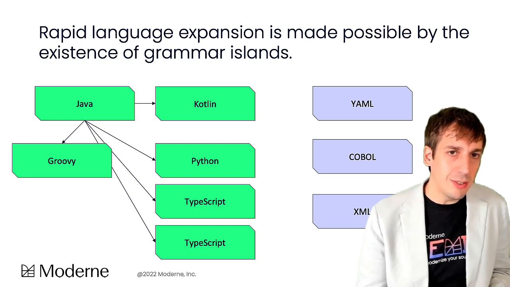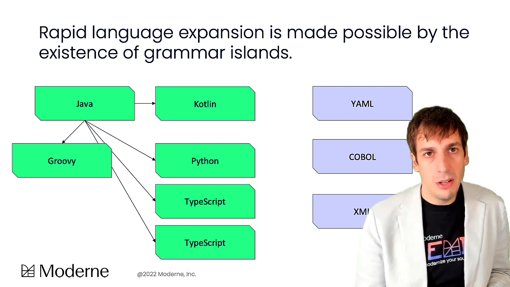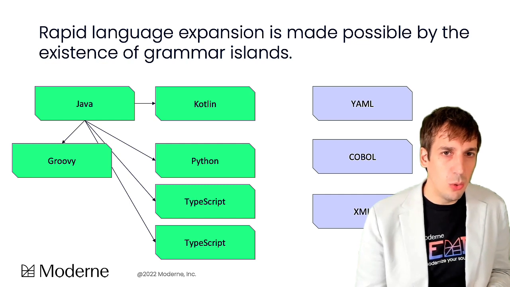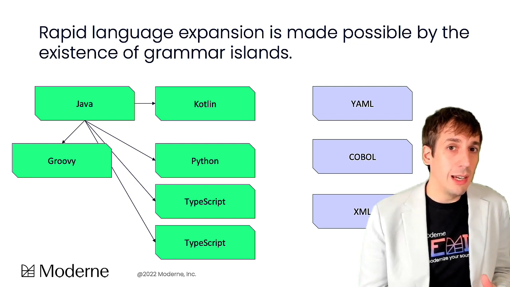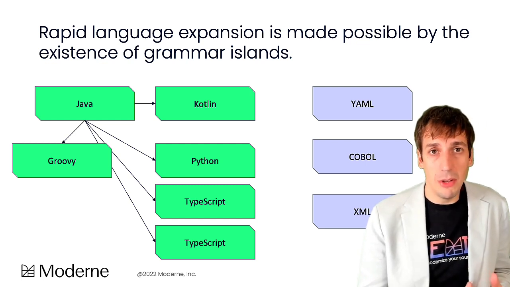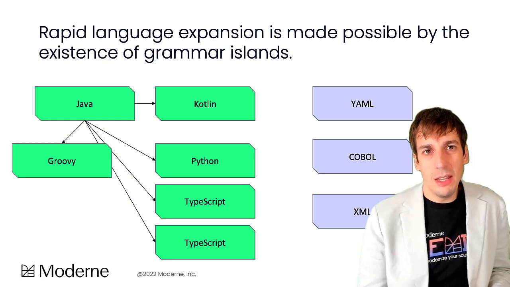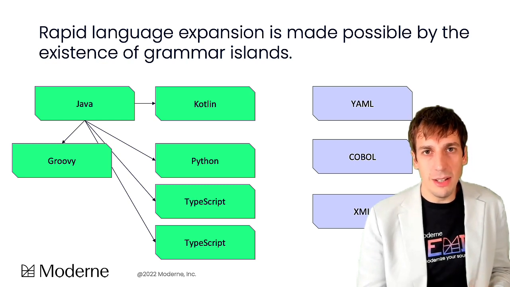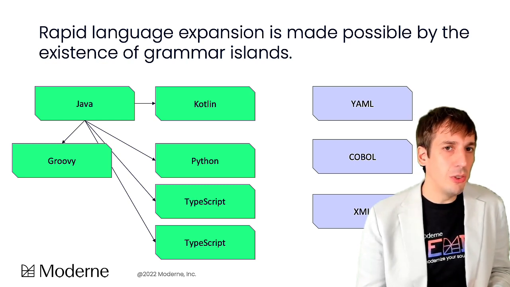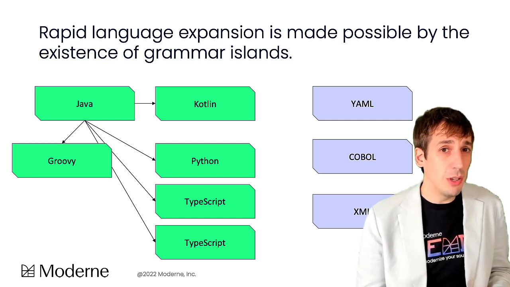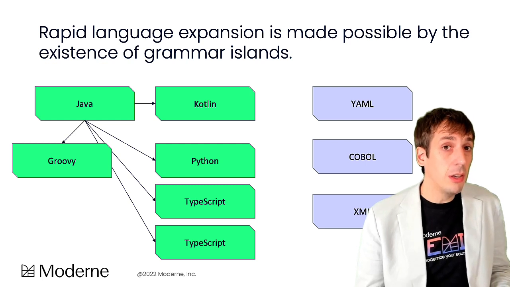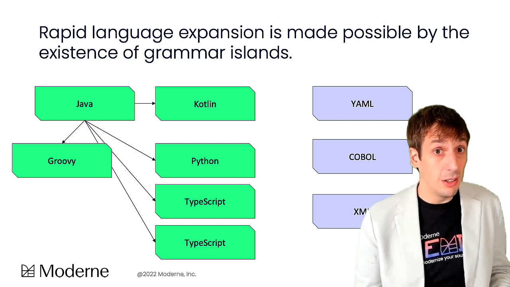And an interesting discovery we made earlier this year is that there's also what we call grammar islands of self-similar languages, such that, for example, Groovy and Kotlin both extend from the Java AST. Even though they can look very different in text, at the AST level they're basically the same, such that a recipe that we've written, like JUnit 4 to 5 for Java, automatically works on Kotlin and Groovy.